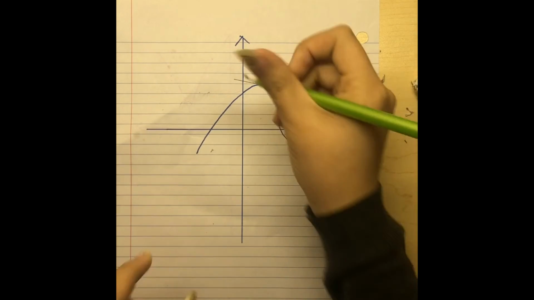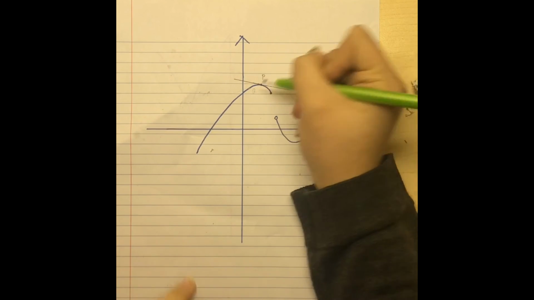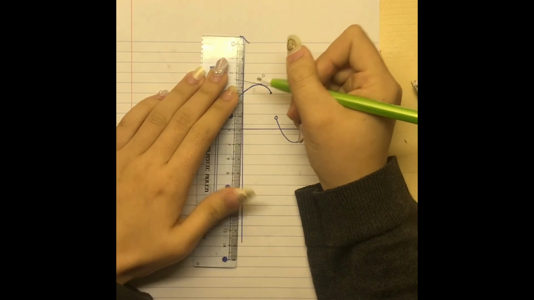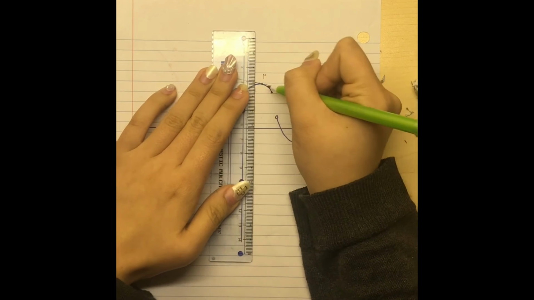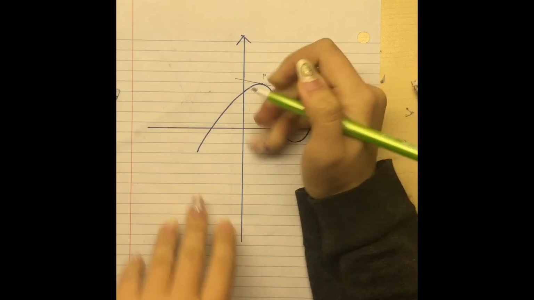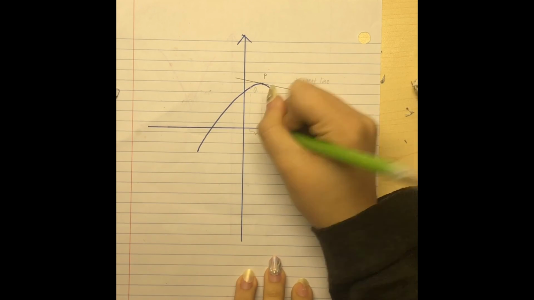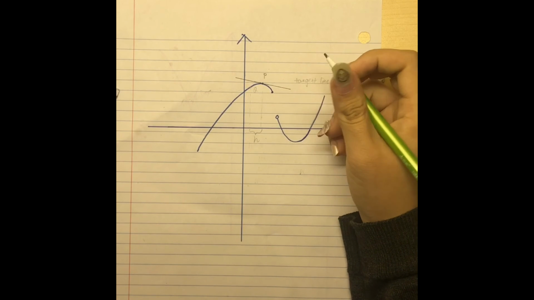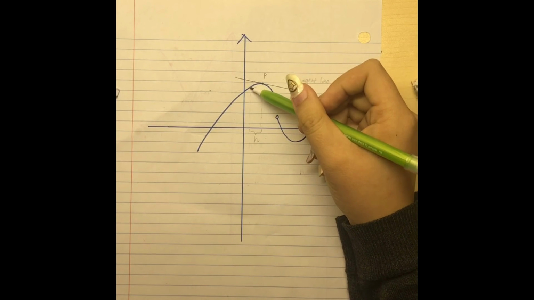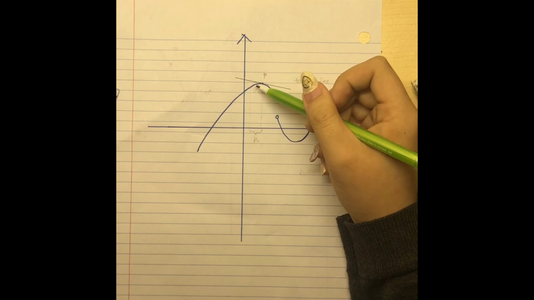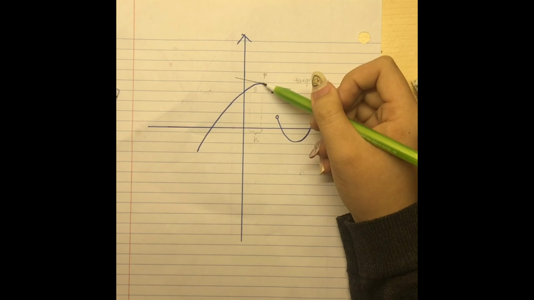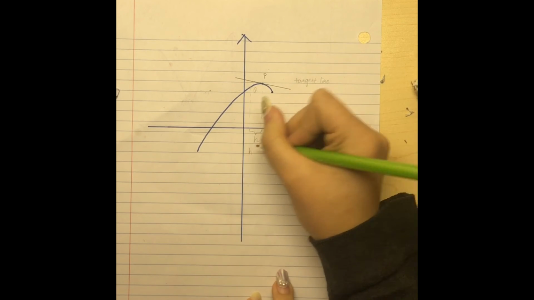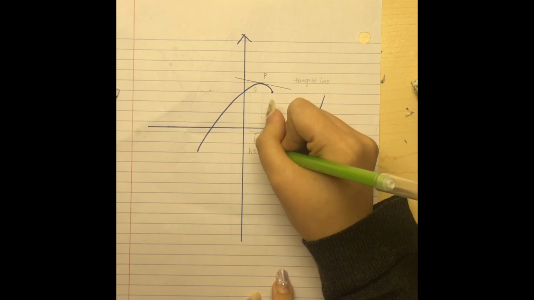We find another point Q. The distance is h. Because point Q is to the left of point P, h is less than 0.